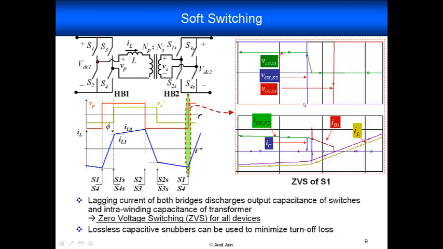You can see this is the red curve here in the graph, the gate source voltage of S1. When we turn on S1, the current transfers from the diode to the switch S1, and because at the turn on instant the drain source voltage was already 0, we get zero voltage turn on.